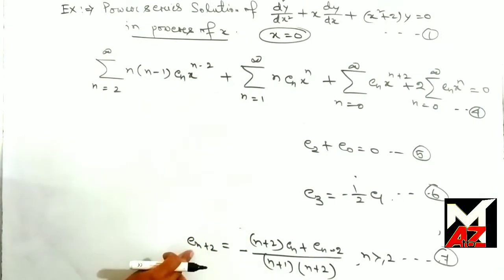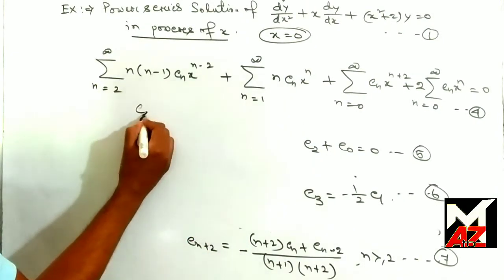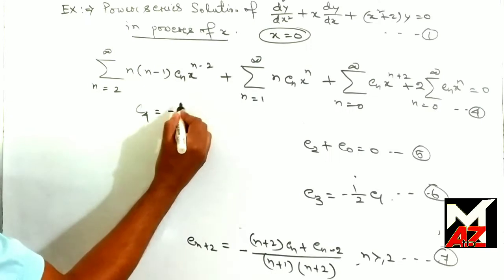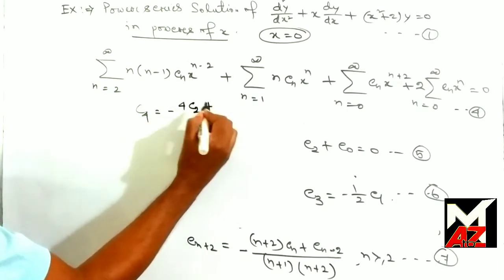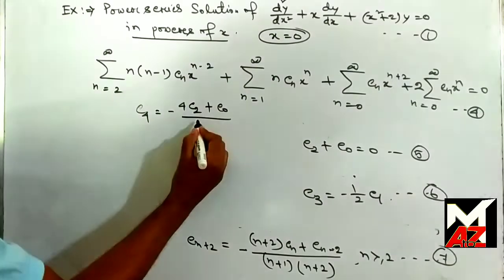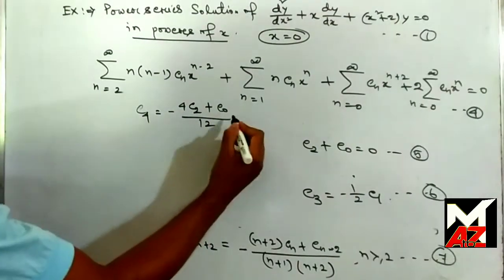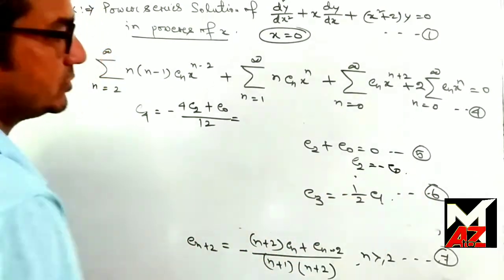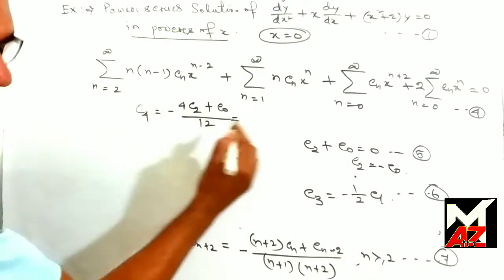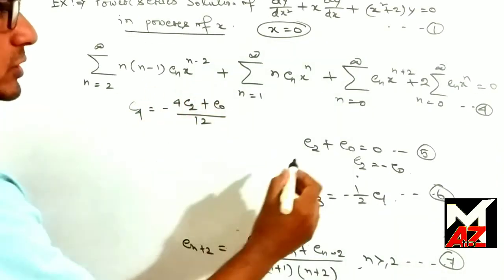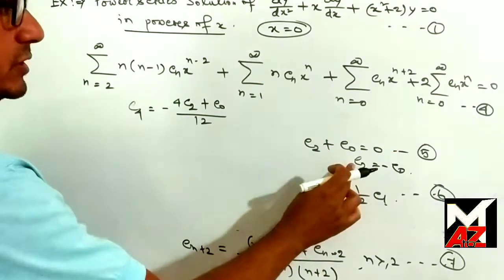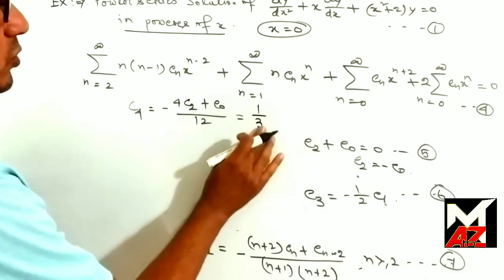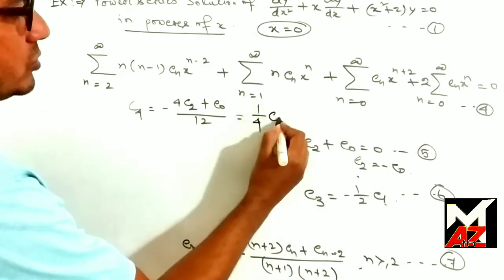Now if we put here n equal to 2, then we get C4 is equal to minus 4 C2 plus C0 by 12, and we also know that C2 is equal to minus C0. We put C2 from 5, that is C2 equal to minus C0, we get 1/4 into C0.